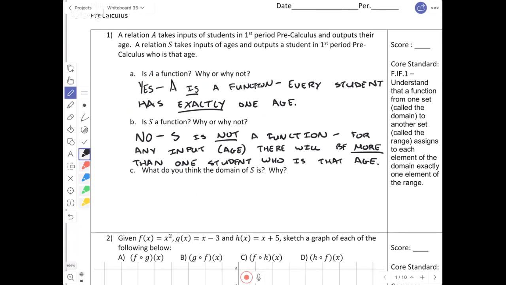So if I said age 17, there are likely many students in our class who are all 17. So there's more than one output for the same input, not a function.